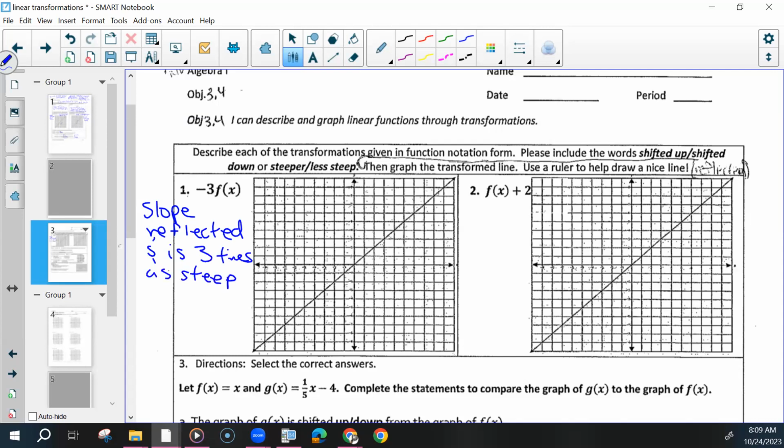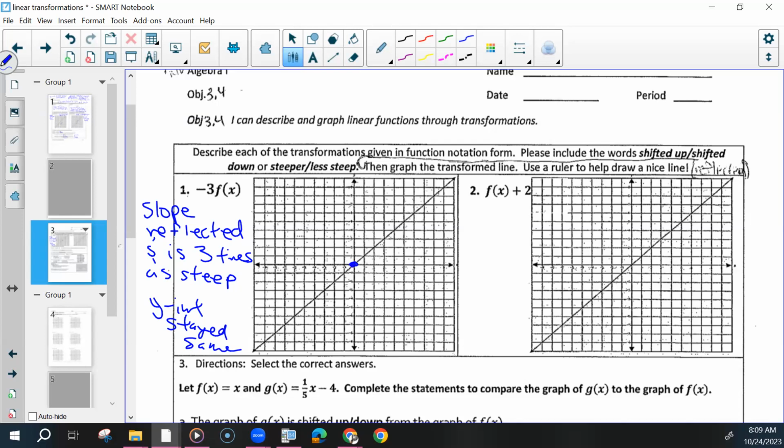So it reflected and is 3 times as steep, or reflected and is steeper by 3. Either or. What about the y-intercept? The y-intercept stayed the same. Right, so if the y-intercept stayed the same, it's going to be at the same point, 0, 0.